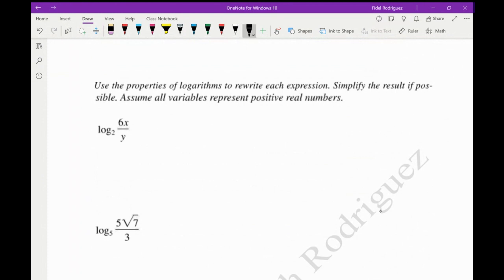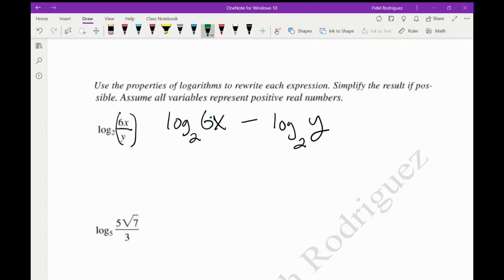Okay, so first thing I'm going to do, think about this in parentheses because you're taking the logarithm of the whole thing. And we have here a fraction. Remember what a fraction means? I'm subtracting, right? So I'm going to rewrite this as the log base 2 of 6x minus the log base 2 of y. And then think about the next part. What are 6 and x being doing? They're being multiplied.